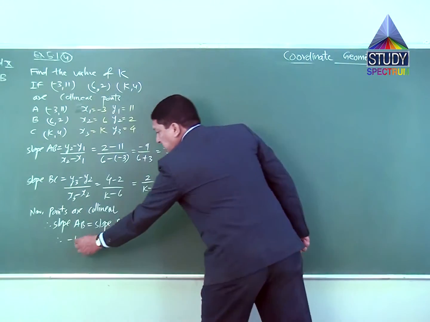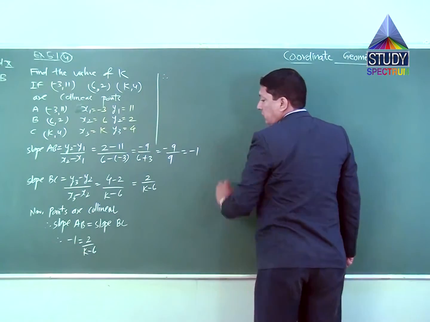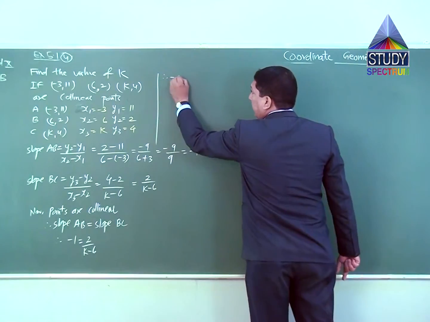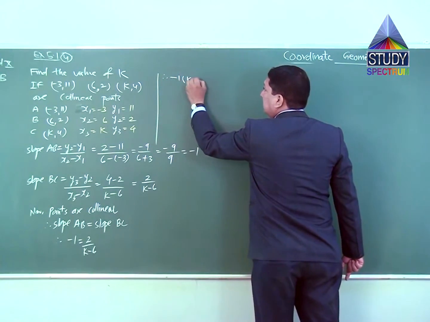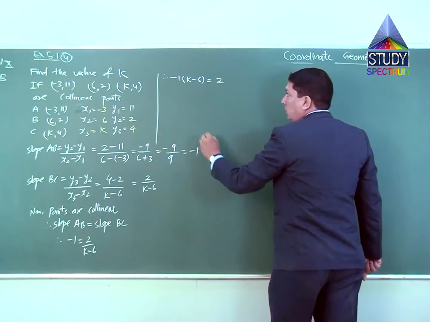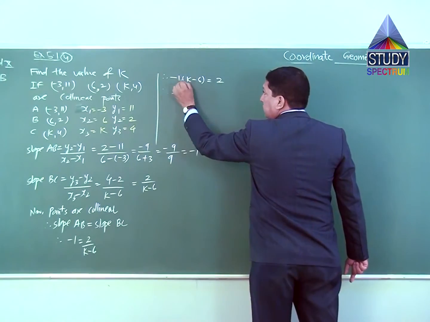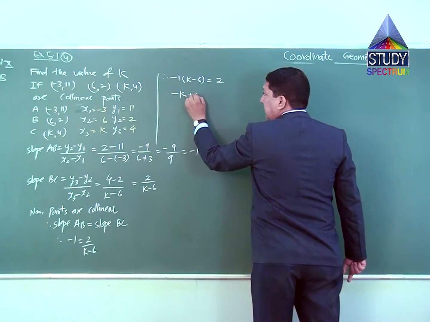Now minus 1 means minus 1 upon 1. Therefore, we can write minus 1 into K minus 6 equals 2, by cross multiplication. Therefore, minus 1 into K, minus 1 into minus 6, plus 6.